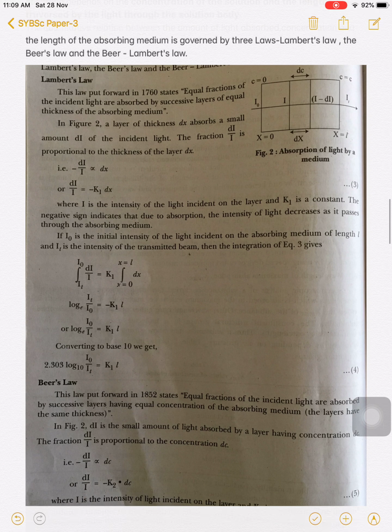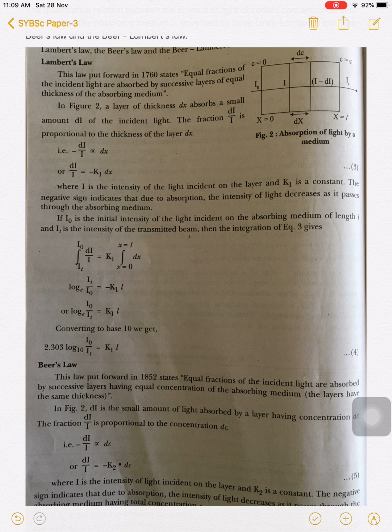Firstly, we will start with what is meant by Lambert's law. According to this law, stated in 1760, the statement is: equal fractions of the incident light are absorbed by successive layers of equal thickness of the absorbing medium.